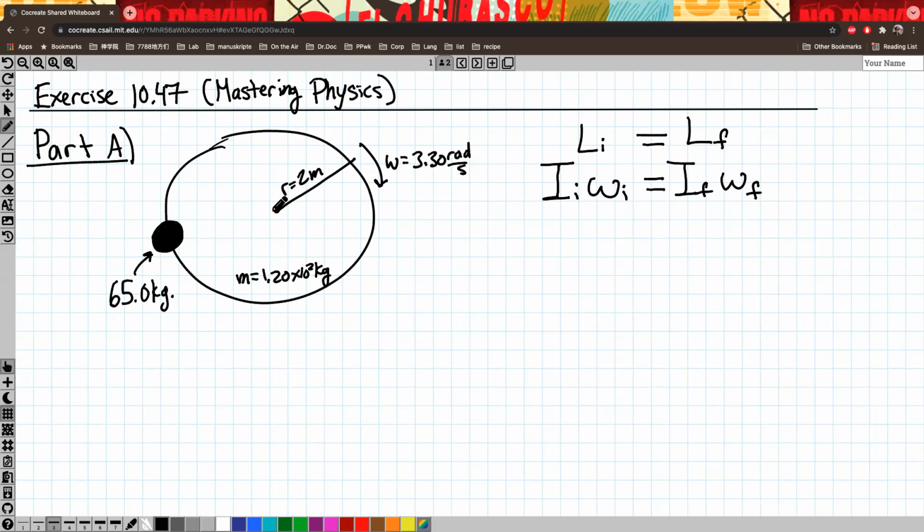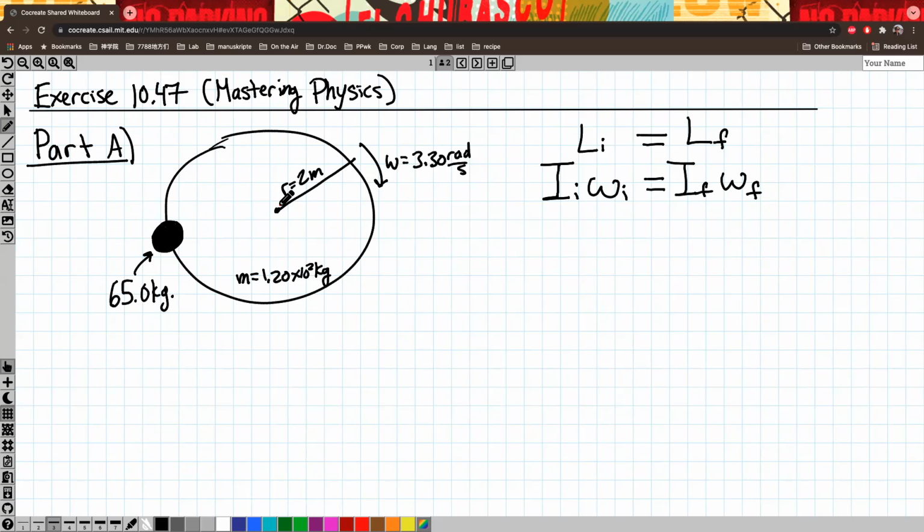Okay, so we just calculate inertia at the center, right? Yeah, the moment of inertia will be calculated about the axis of rotation, and in this case, the axis of rotation is a vertical line going through the center.